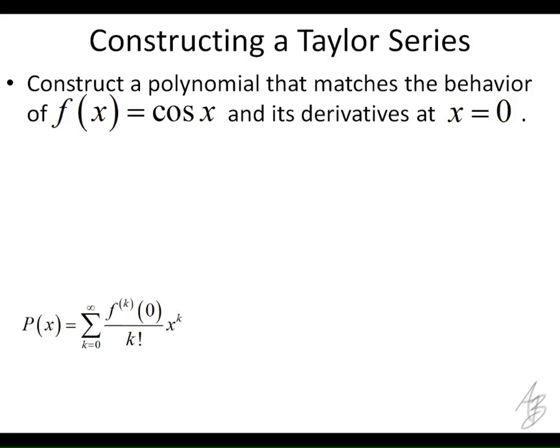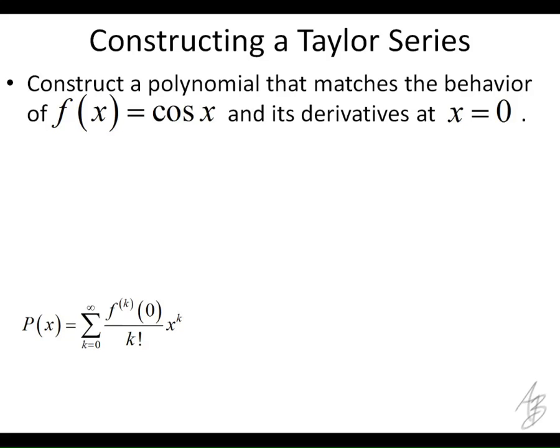The 0th term, and I say 0th because we start at 0, is going to be the function itself. We're not going to take the derivative. Evaluated at 0 divided by, what's 0 factorial? 1 times x to the 0, which is 1, right?